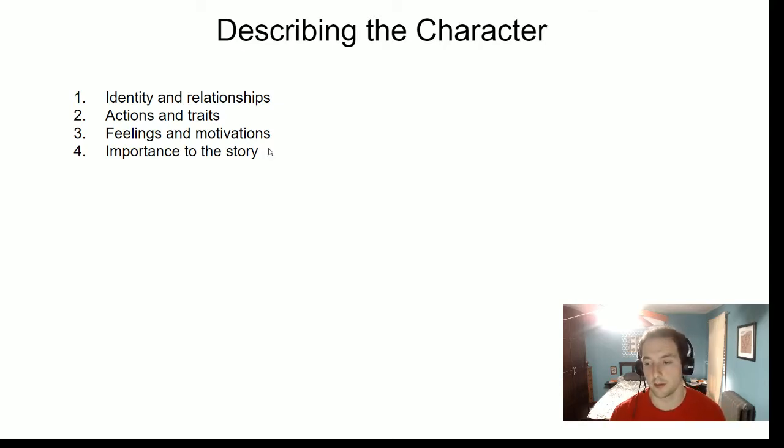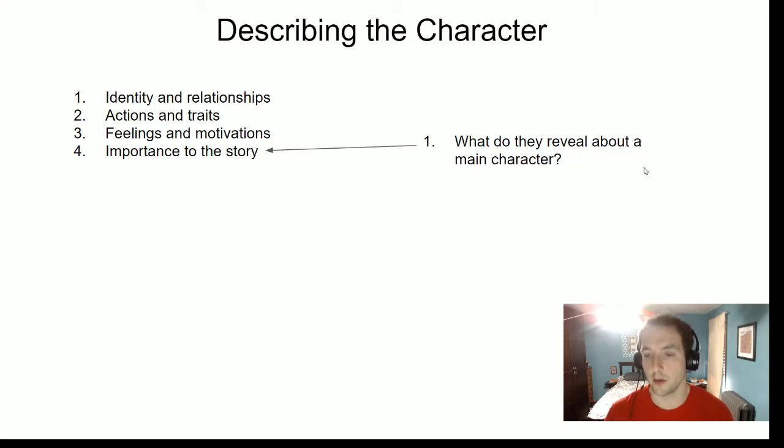And so here are some things that you can think about to help discover the character's importance to the story. The first thing is, what do they reveal about a main character? Authors put other characters in the book to show us what the main character is like. Oftentimes, if we're trying to show that a character is evil, we'll show that there's another person in the story that character treats very, very badly.